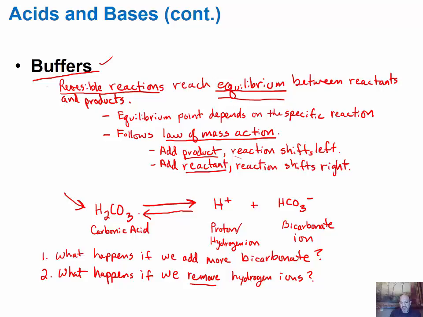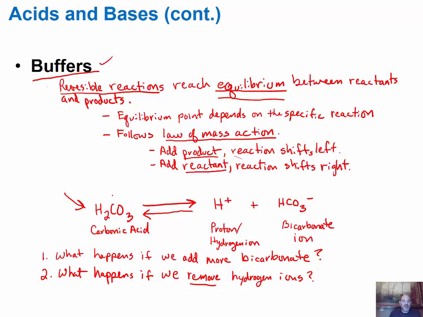So here's an example of an equilibrium or a reaction with carbonic acid. If we put carbonic acid in water, it's going to dissociate into protons and bicarbonate ions. So it's going to break apart. Now for this reaction, let's say, for example, that every 20 of these molecules, only one is going to dissociate. And as soon as it dissociates, it comes right back to carbonic acid form.